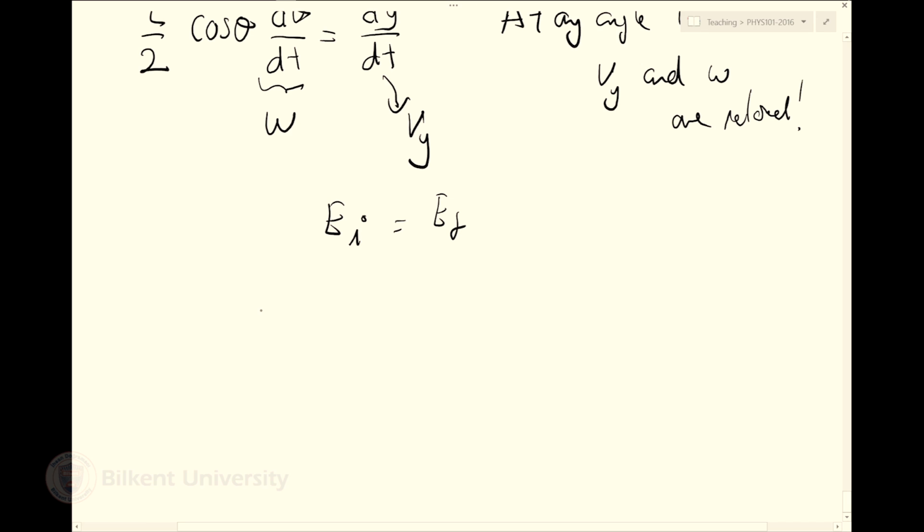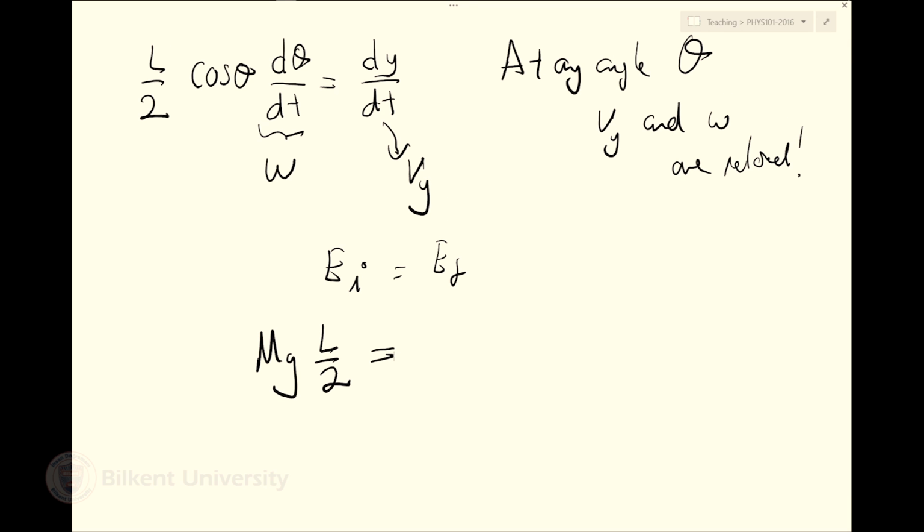So mg L over 2 must equal 1/2 m v center of mass squared plus 1/2 I center of mass omega squared, right?